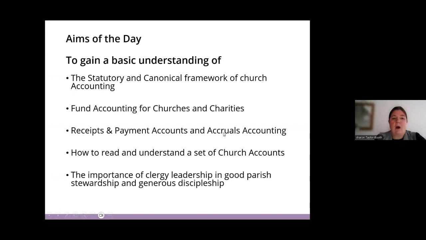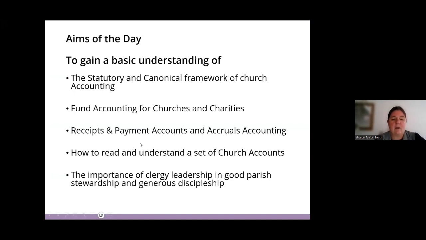So the aim of what I want you to receive today is really to gain a basic understanding of the statutory, and I couldn't say this ever, Simon, please help, canonical framework of church accounting. I want you to get a brief understanding of what fund accounting for churches and charities is.